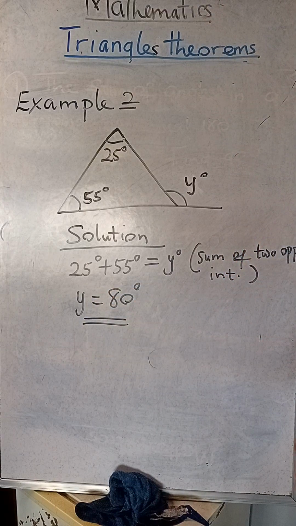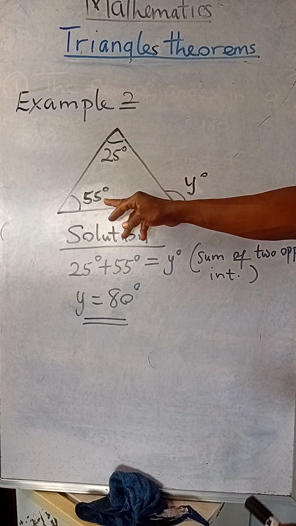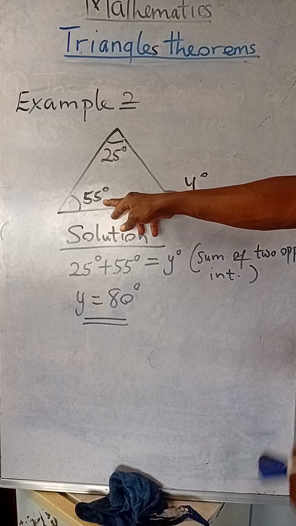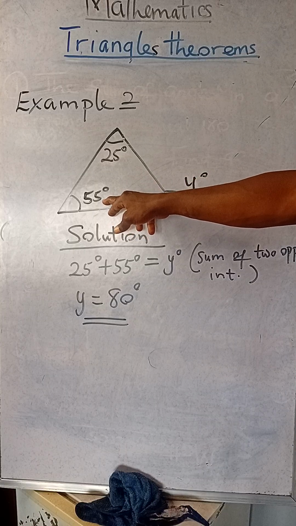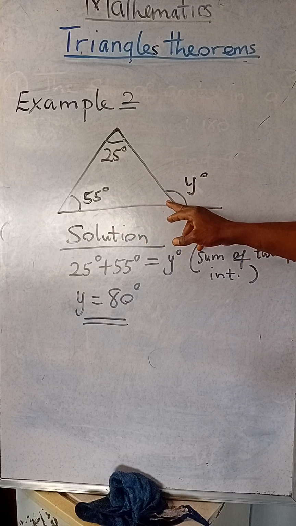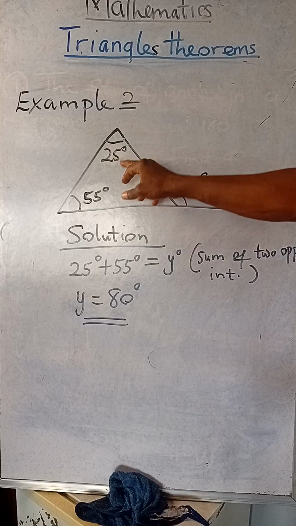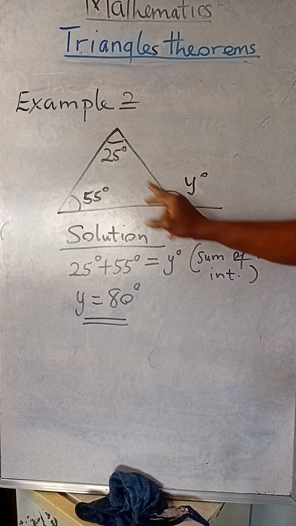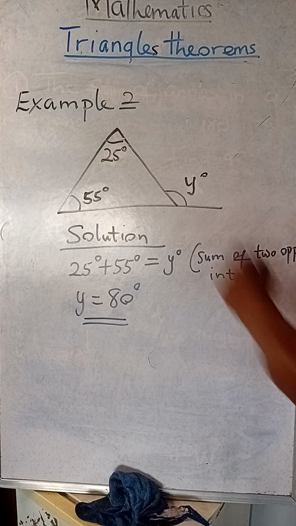And also, if you solve the other way by saying that this plus this will give us 80, now 180 minus 80 will give us 100. So you see that by the time you add this plus this, 80 plus 100, that will give you 180, the sum of angles in a triangle.